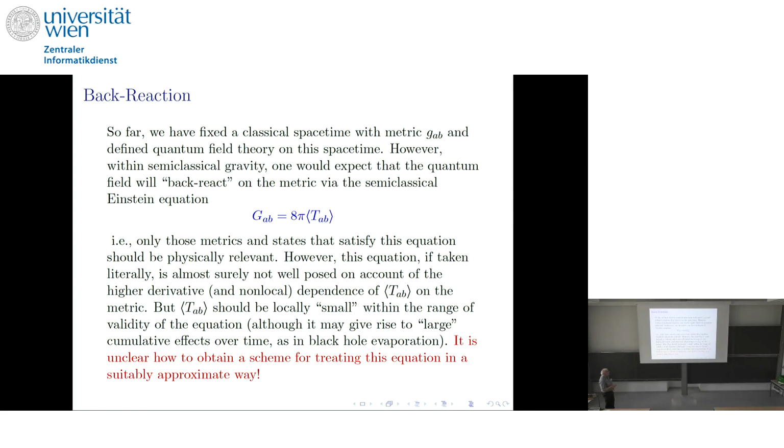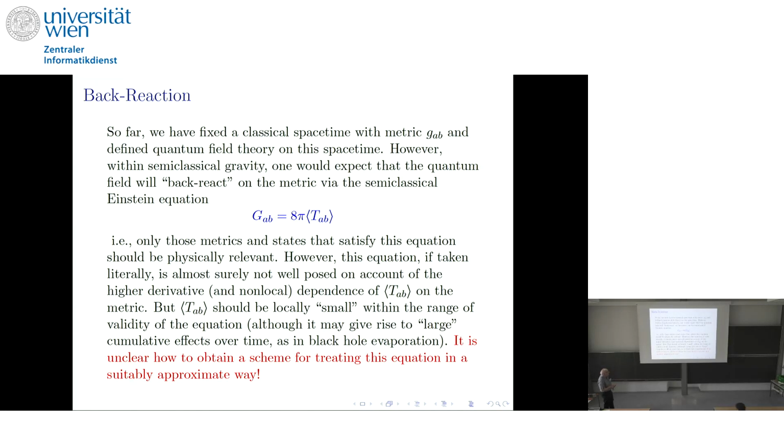But really, within the context of semi-classical ideas, one would expect that the space-time should be related to the state by this semi-classical Einstein equation. So only those metrics and states that satisfy this equation should be relevant. But it isn't clear how to make sense of this equation.